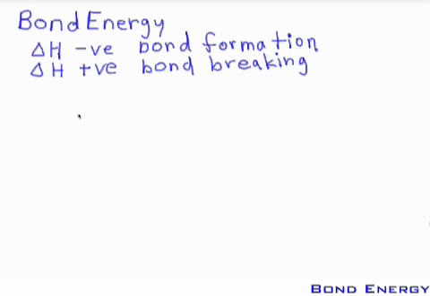Now, if we take a look at our simple diatomic molecule, hydrogen, H2 gas, two hydrogens bonded together, we can measure the bond dissociation energy for this. We can actually do a reaction which cleaves this bond and measure the heat energy given off.